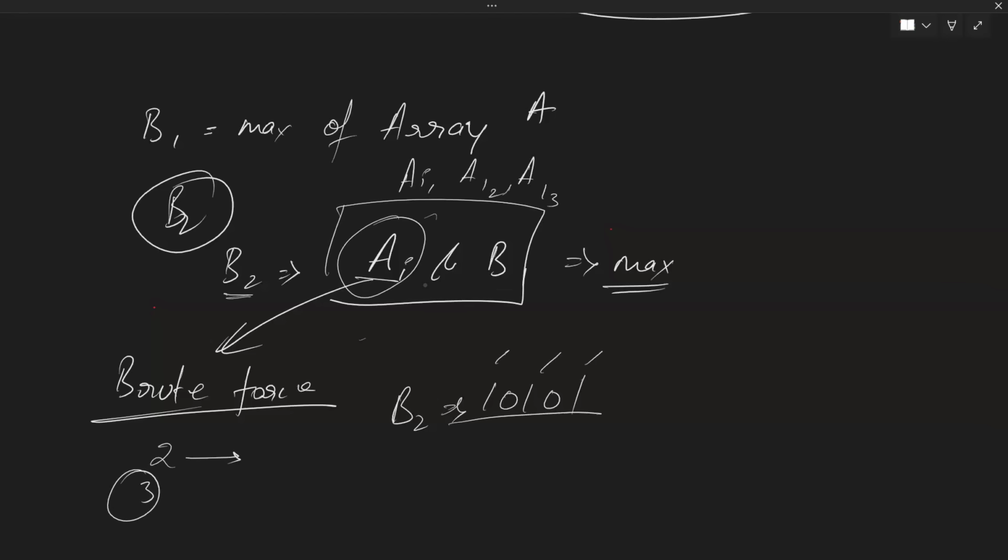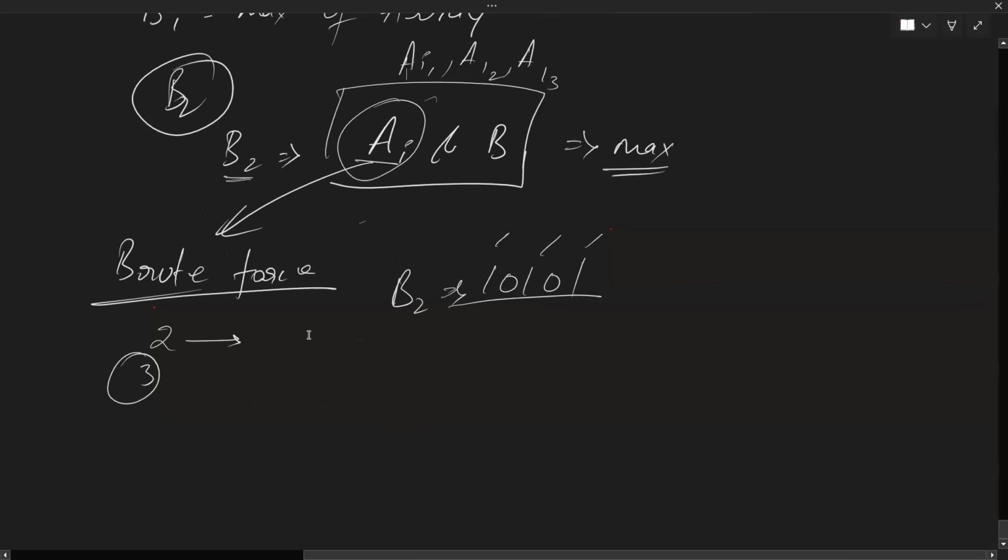So all of these will have those bits set because the AND was the same. So after this point, only these bits are set. So it doesn't matter if you pick AI1, AI2, or AI3. The brute force solution is clear, right? Just find whatever is getting you the maximum and keep it at that point. Is the brute force solution clear?